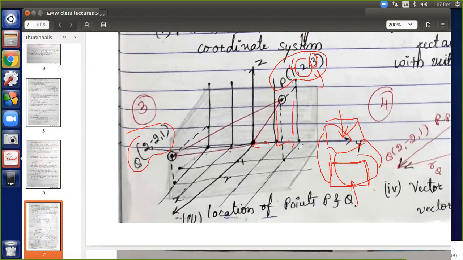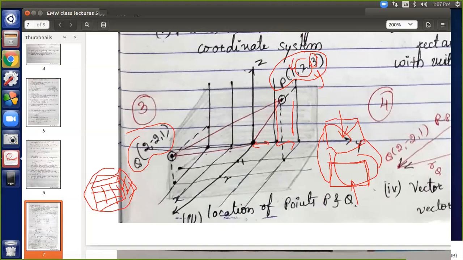Probably you have seen a puzzle of different colors, which kids play with, green, yellow, red. This kind of cube is available, right? So try to construct this. You will understand how to mark the points.